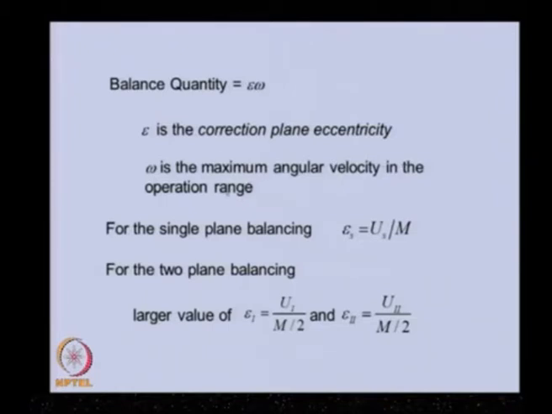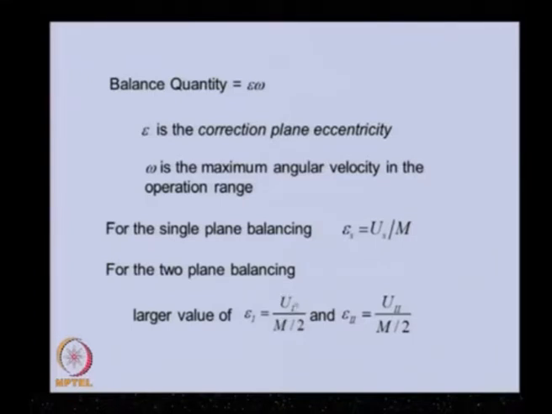If we are talking about single plane balancing, then this correction plane eccentricity for the static case will be given as static unbalance divided by the mass of the rotor. If you are talking about two plane balancing, either static or dynamic, then we define two parameters: epsilon 1, which will be u1 by m by 2, that is half of the mass of the rotor.